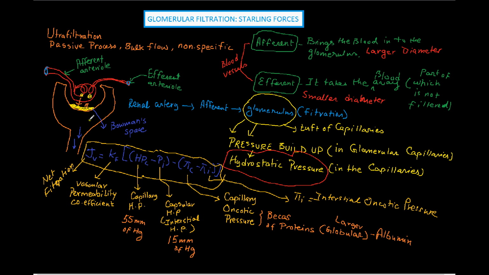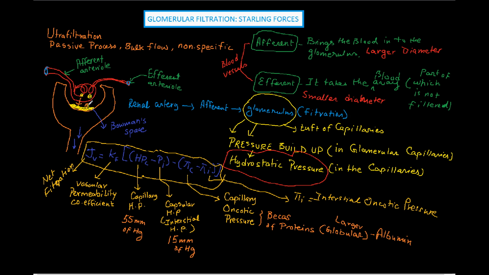So since there's a high concentration of water in the Bowman space, and less concentration of water in the glomerular capillaries, there is a development of osmosis or oncotic pressure. We call it capillary oncotic pressure. Because of that osmosis, the water tends to go back.